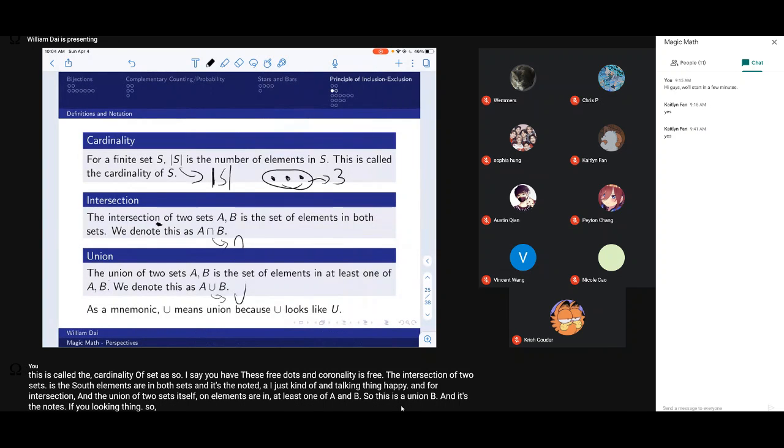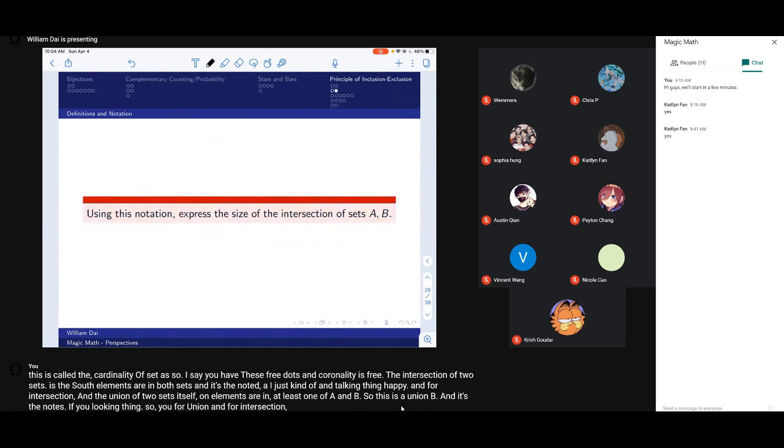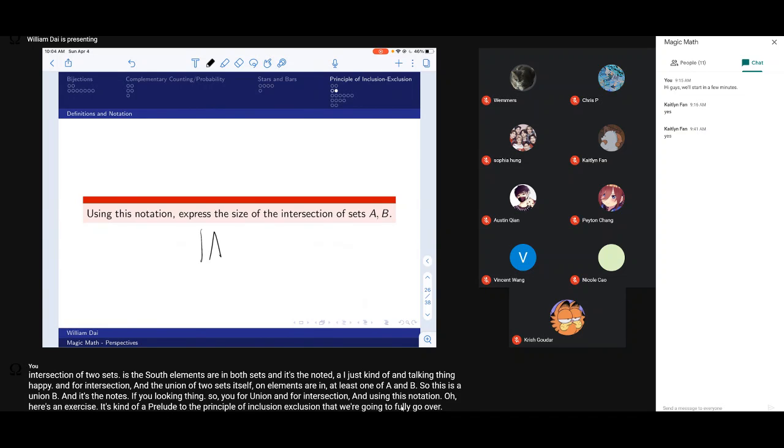U for union. And using this notation, here's an exercise, a prelude to the principle of inclusion and exclusion that we're going to fully go over. A intersection B equals what?